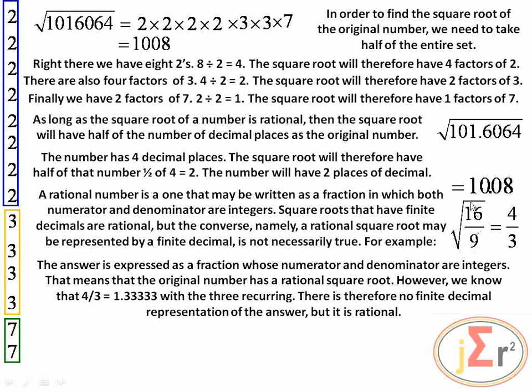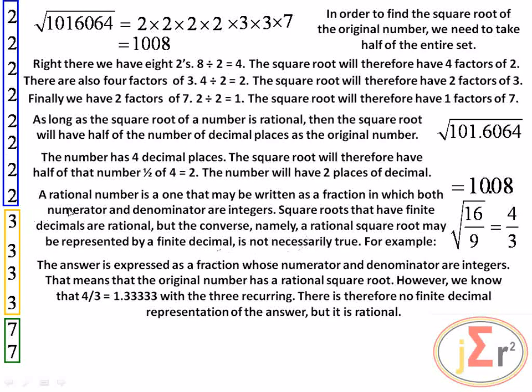So the rational square root of 16 over 9 does not have a finite decimal. However, if the square root of a number has a finite decimal, then we are sure that it is rational.